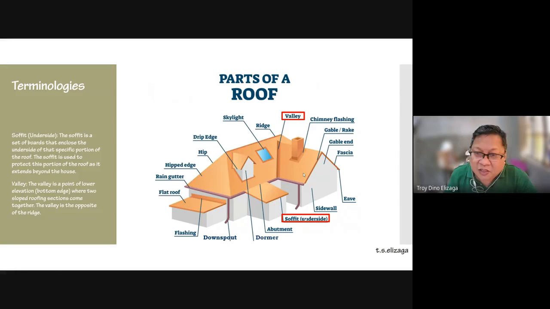Here, in the valley, although this is a connection between two surfaces, we do not put a flashing. What we put instead is a valley gutter.